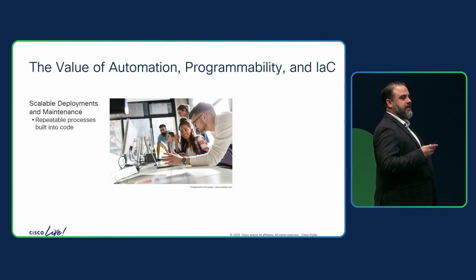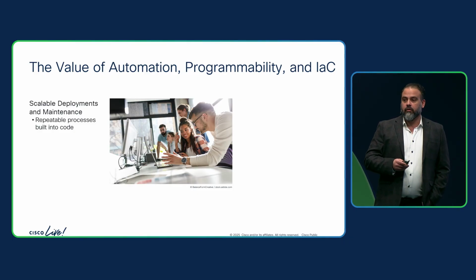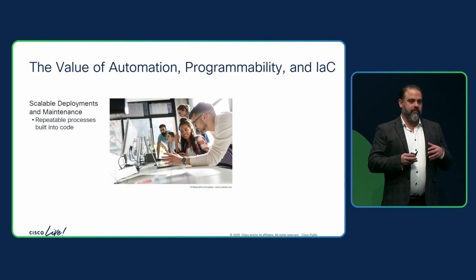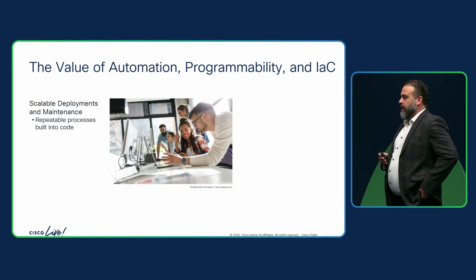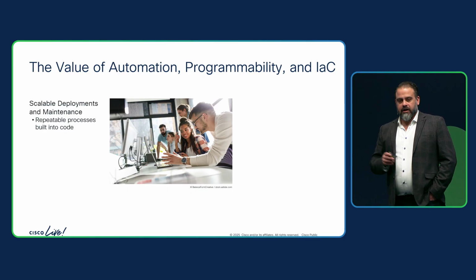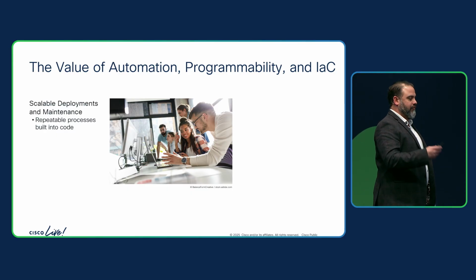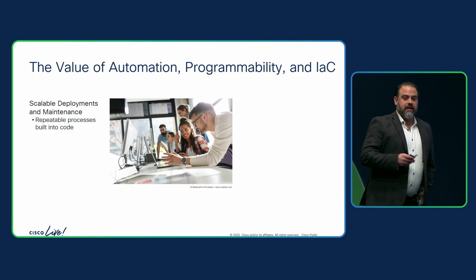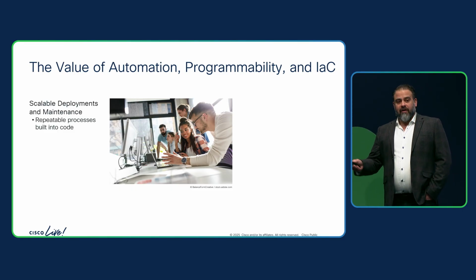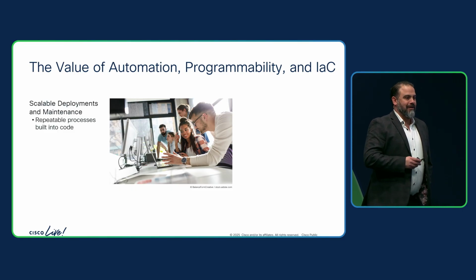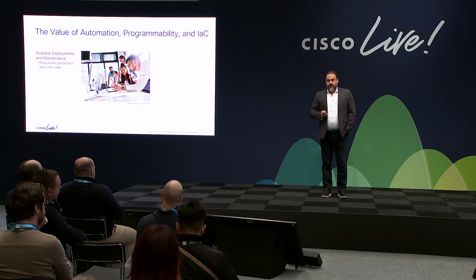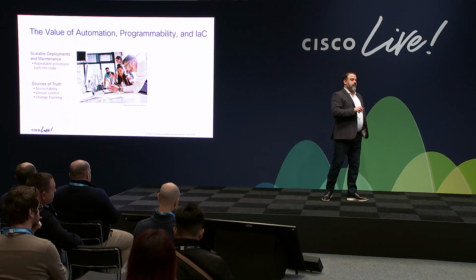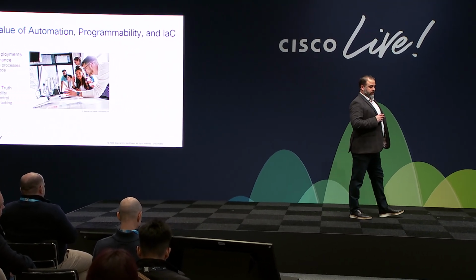So we're actually putting these repeatable processes into code, things where we historically might have logged into the CLI through either the management console or Telnet or SSH and gone through and typed in configuration commands and done this over and over again in our devices. We can now put into YAML files that we can run over and over again without having to do those things for tens of devices, hundreds of devices, thousands of devices. So that gives us that opportunity to scale our deployments and save a ton of time while doing it.